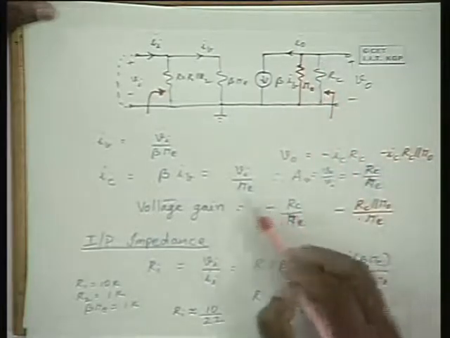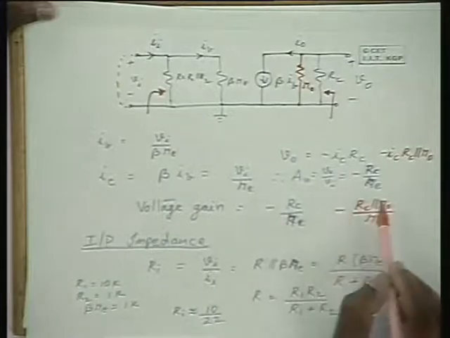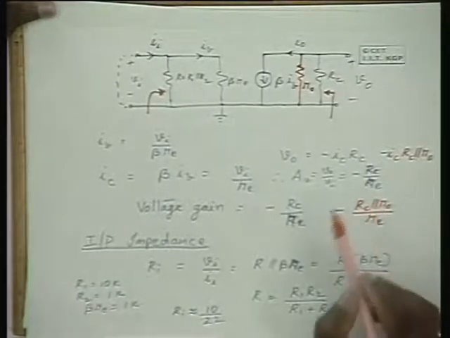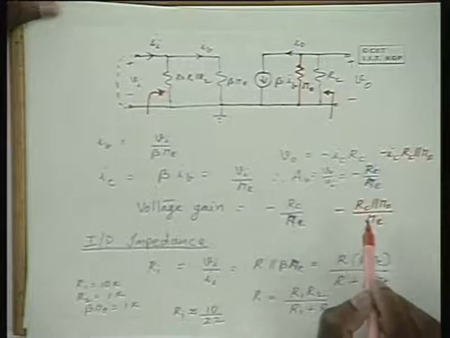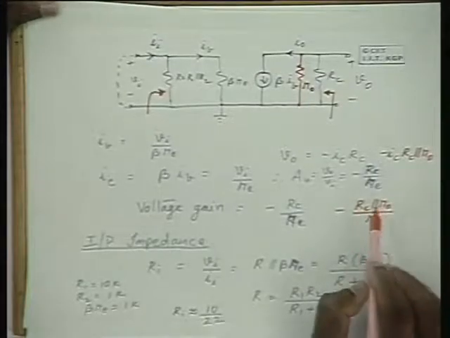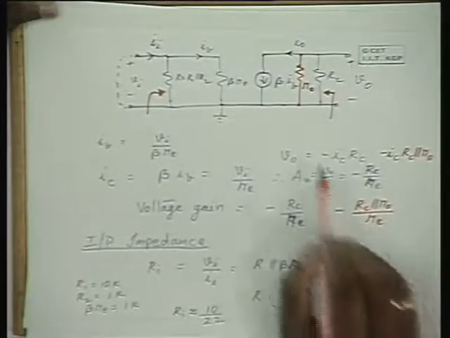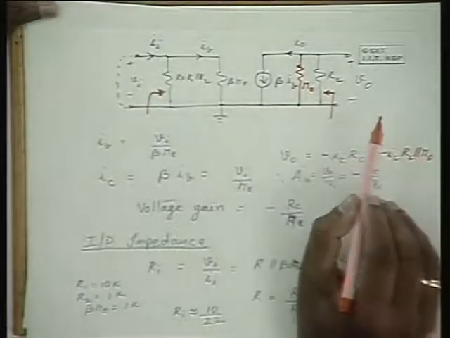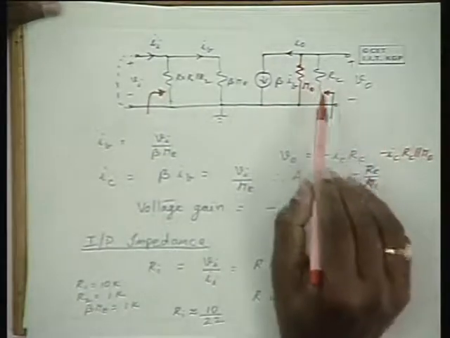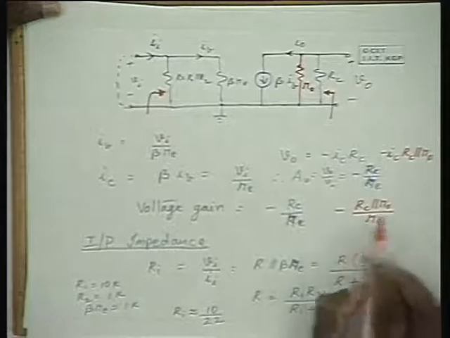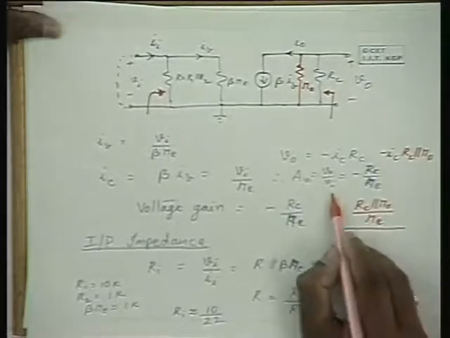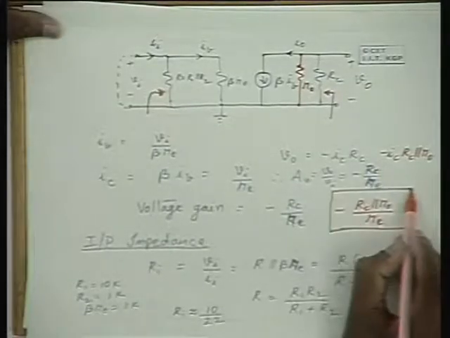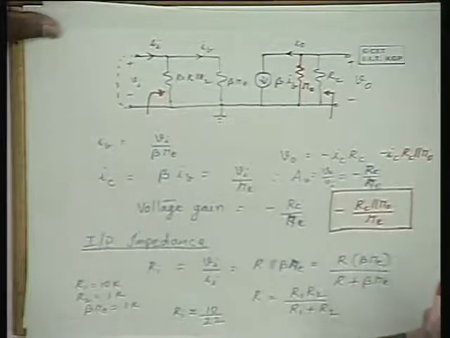Therefore, we can expect some fall in the voltage gain in the accurate analysis. What is it quantitatively? It is by the parallel combination of RC and R0 in place of RC alone. Hence, the expression for voltage gain is this in the accurate model.